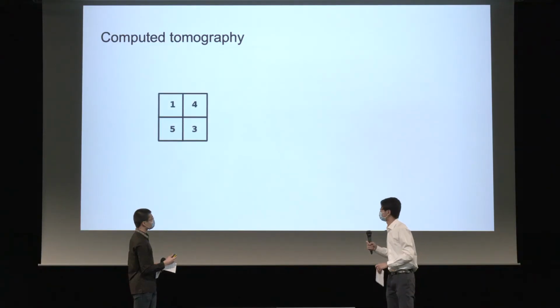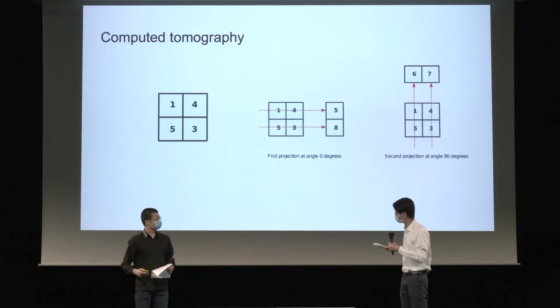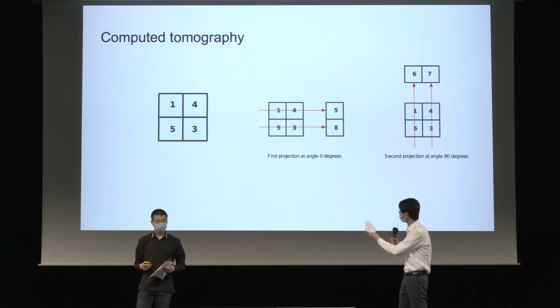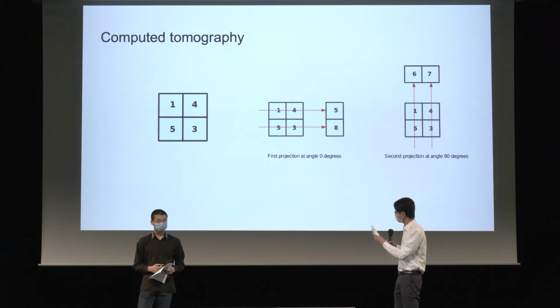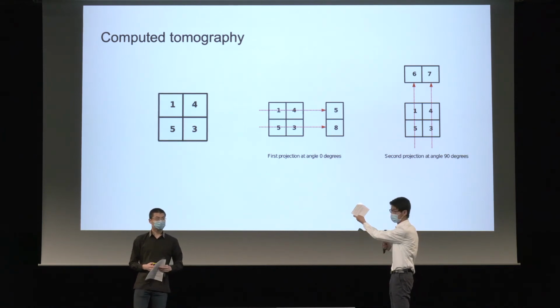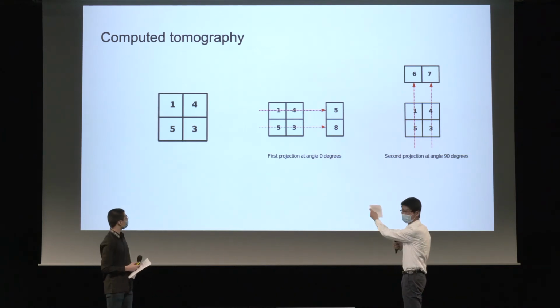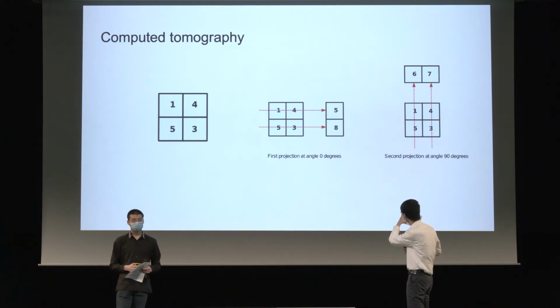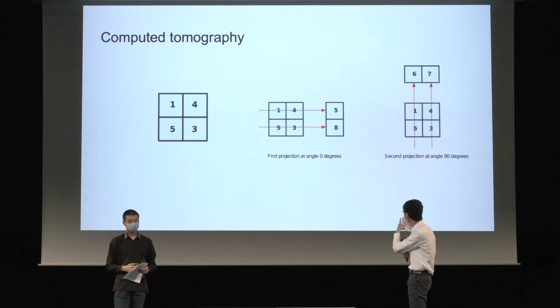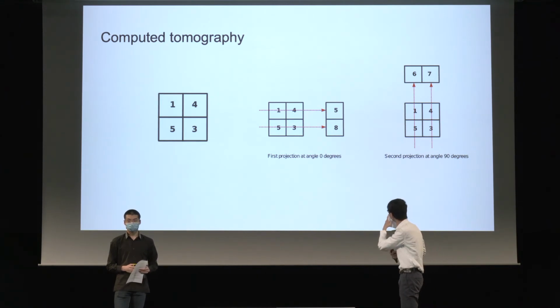So it sounds pretty abstract, I suppose. So here's my analogy. Essentially, the block is the intended object we're trying to reconstruct. We first project from the angle of 0 degrees, and then we get a slice of information, and then we project another time. So from the bottom at 90 degrees, we get a different set of information.